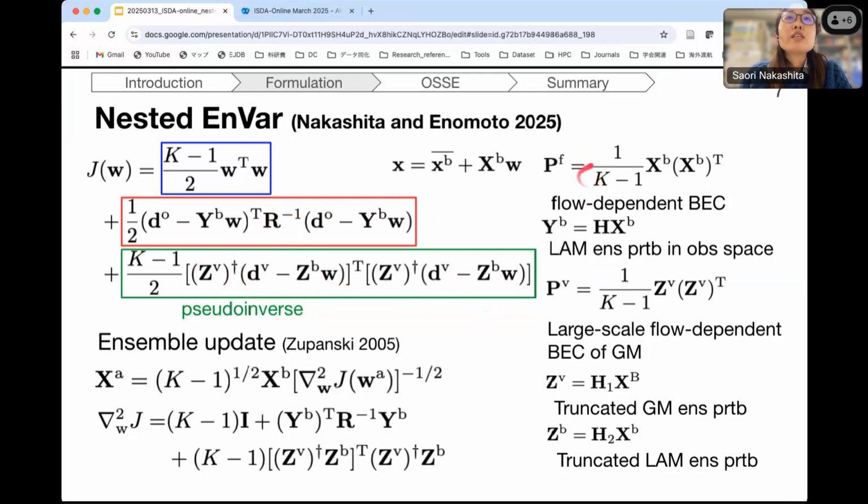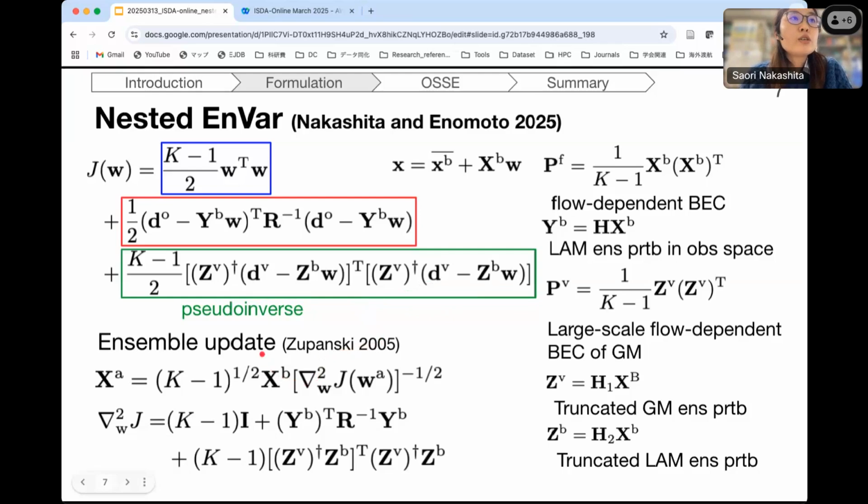Then the ensemble size K is usually far smaller than the state size even after the truncation. We use the pseudo-inverse of the truncated ensemble perturbation instead of the matrix inverse. So this extension enables us to dynamically determine the relative weight of GM large scales based on the ensemble forecast and relative to the background or the observations.